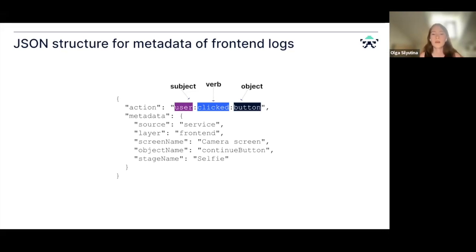Then you can also have an object name, for example, the name of the button or the name of the screen or the name of the stage you're doing. And in our case, it's important to have the information about which stage this event is located in. And as we decided that we talk about selfie, I wrote that there as an example.